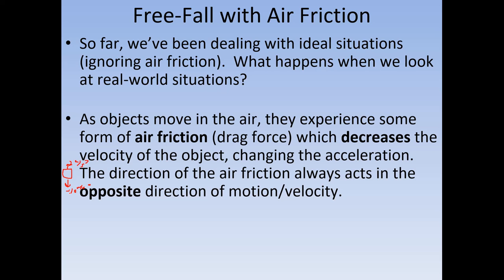But due to air being prominent in our atmosphere, the different shapes of the objects, the masses of the objects, just the general differences in the objects themselves will end up resulting in them hitting the ground at different rates. And that's because of this air friction changing the acceleration and decreasing it.